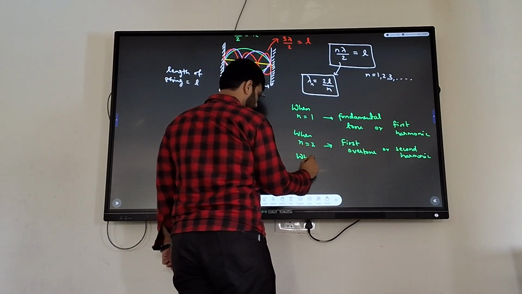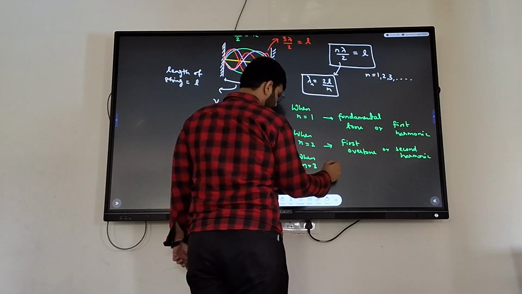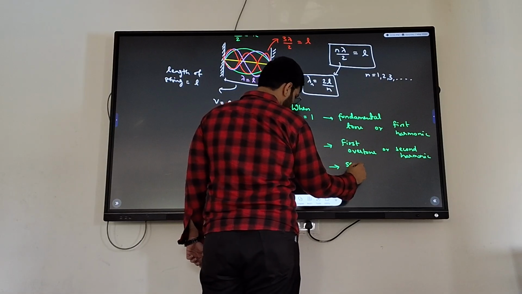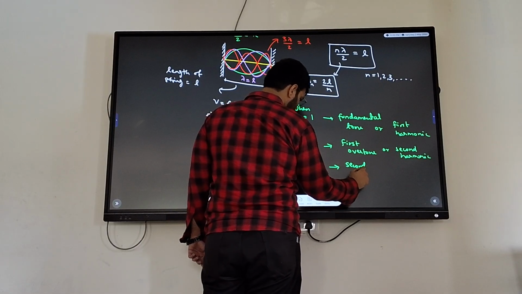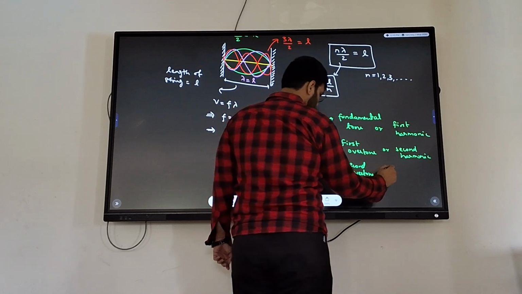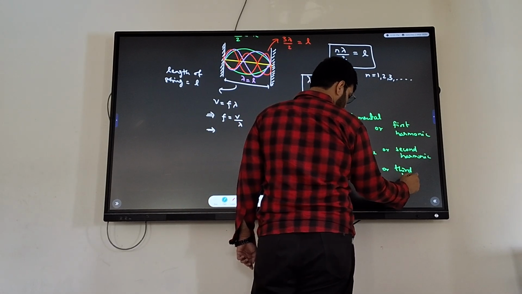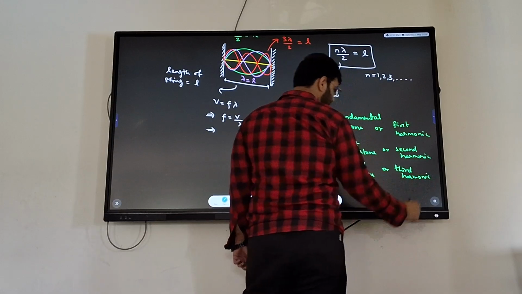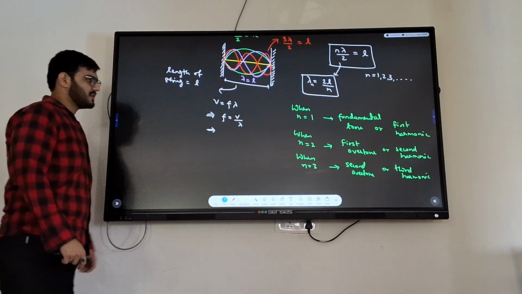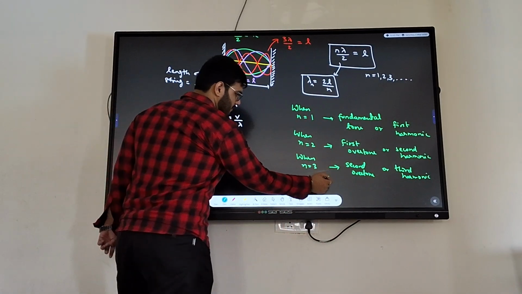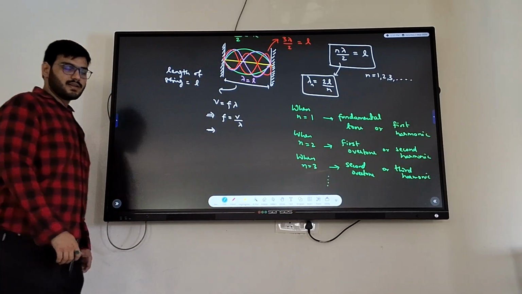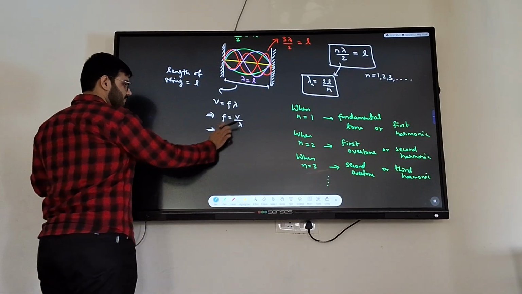Second overtone and third harmonic. These are just names that you have to remember. So for all modes there is some n value that will correspond to it, and so on.